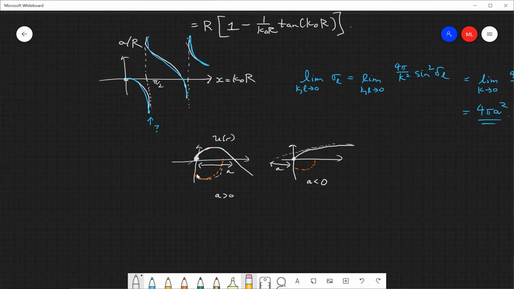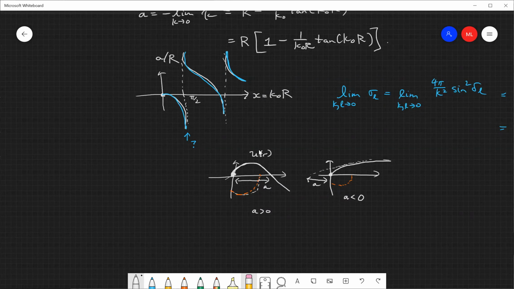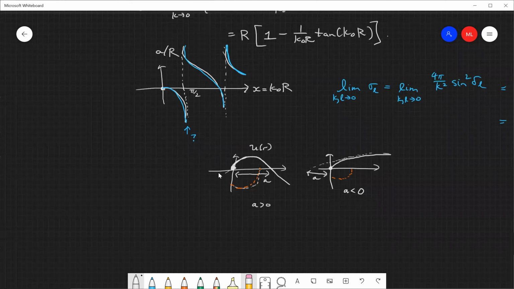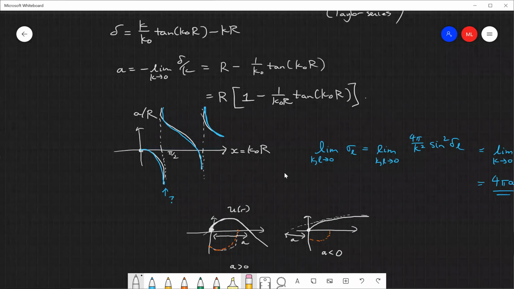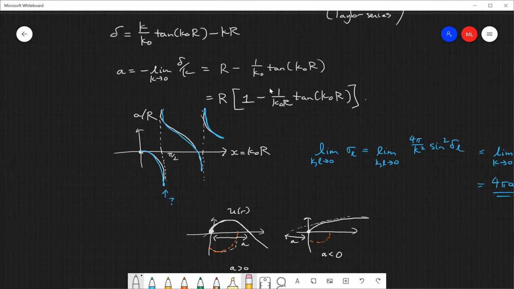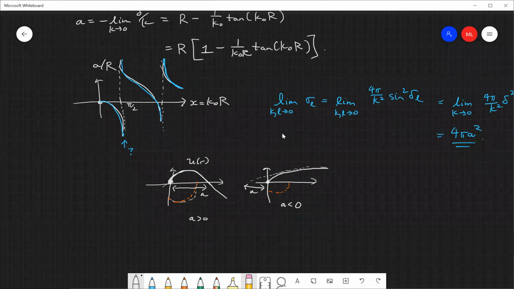And again, if you want to get it all right, the best way to do it would be to do this example properly, go back to the solution for the wave function for the u's and actually plot the wave function and see how it changes as a function of k0 r, because that lets you tune across all these different regimes.